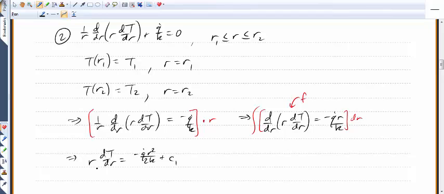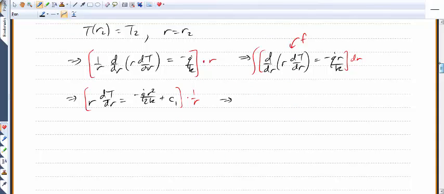Again, we have this r out front, which means we can't do a direct integration, so we need to divide through by r. What this gives us then is dT/dr is minus q dot r over 2k plus c1 over r.